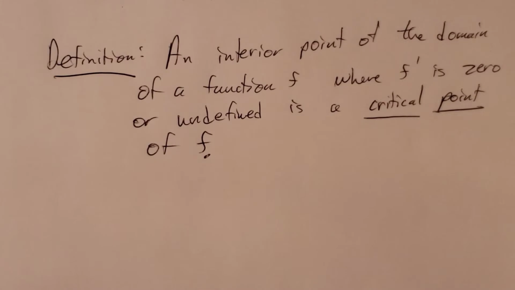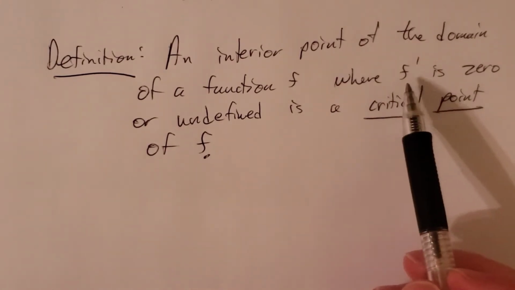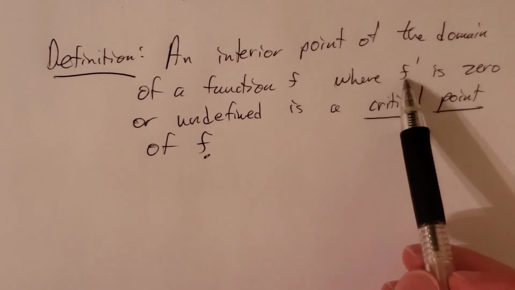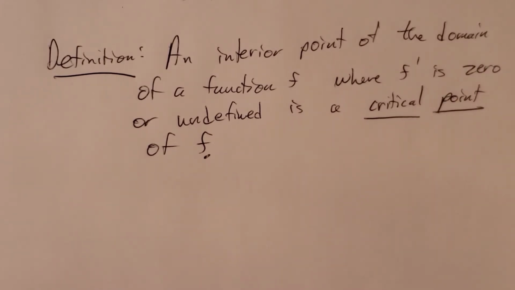Now again, what is a critical point? First, a critical point is where either the derivative is 0 or the derivative is undefined. And if we have a critical point, then it is possible we have a local maximum or a minimum there. Moreover, if we have a local max or a local minimum, then it is a critical point.